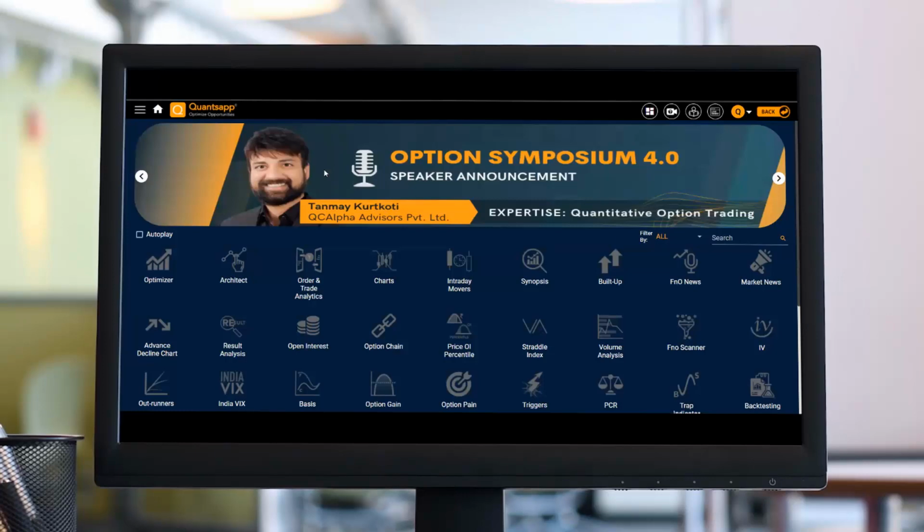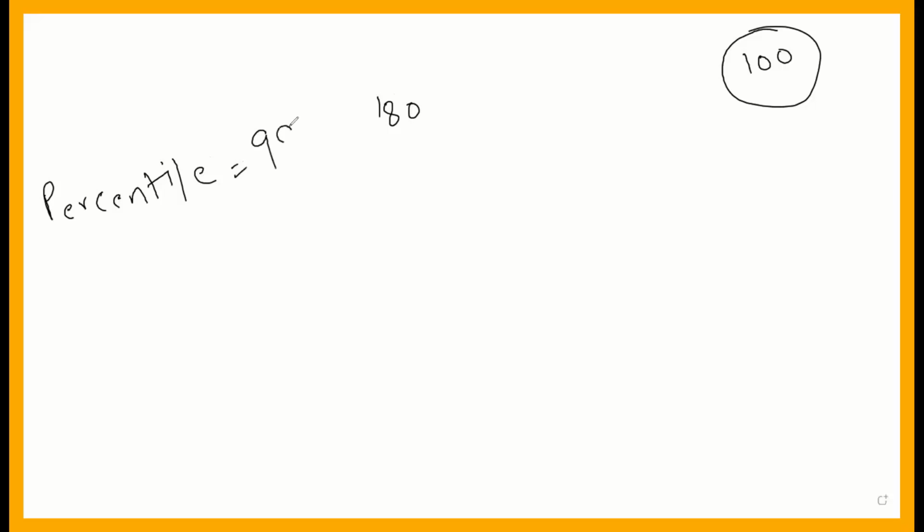If there is a stock whose price is right now trading at 100, and in the last 180 days the historical prices never surpassed the level of 100, our percentile will become 99 in that case. 99.4, 99.6, something like that, 99.9, because the previous prices recorded in the last 180 days never surpassed 100.